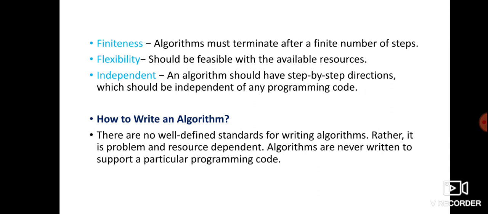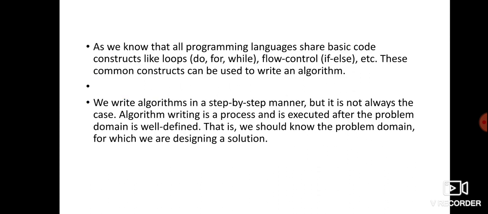How to write an algorithm? There are no well-defined standards for writing an algorithm. Rather, it is problem and resource dependent. Algorithms are never written to support a particular programming code. As we know, all programming languages share basic code constructs like loops, do loop, for loop, and while loop, and flow controls like if and else, etc. These common constructs can be used to write an algorithm.